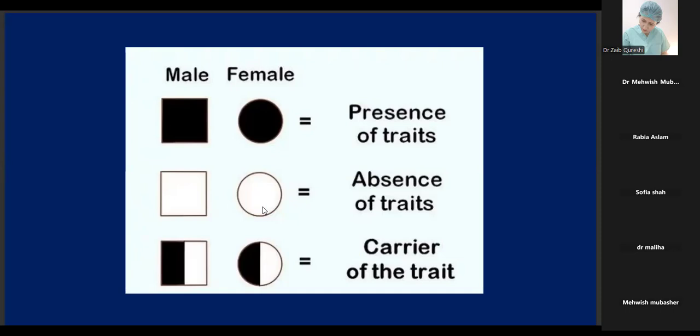This is the second situation. And if it is half shaded, or has a mark or dot colored inside, then the person will be a carrier. There is also another situation where a person can be a carrier, but you don't know about his carrier state. Then they can show it as a non-diseased person.